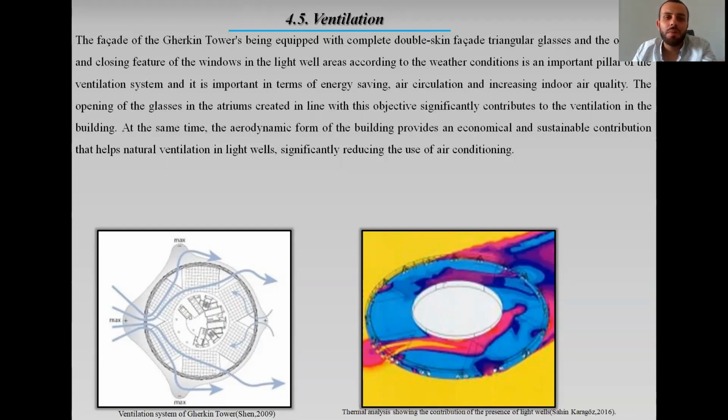The opening of the glasses in the atriums, created in line with this objective, significantly contributes to the ventilation in the building. At the same time, the aerodynamic form of the building provides an economical and sustainable contribution that helps natural ventilation in light wells, significantly reducing the use of air conditioning.